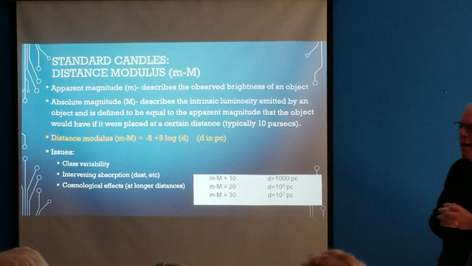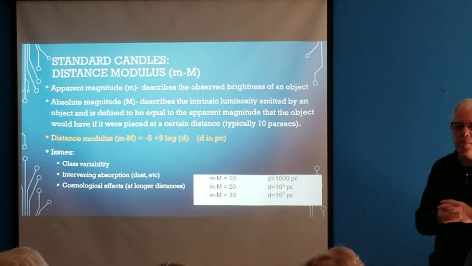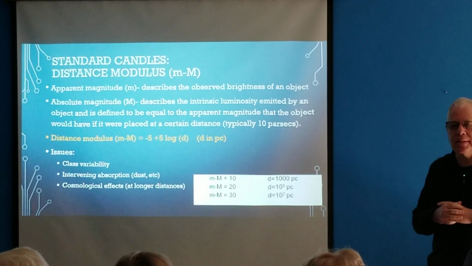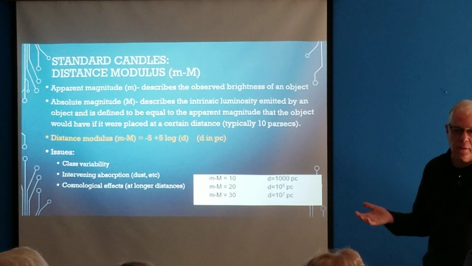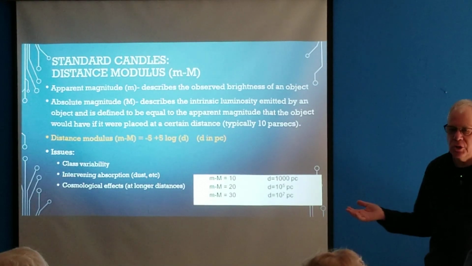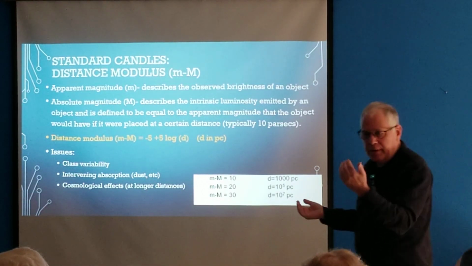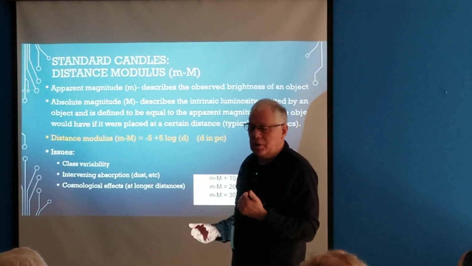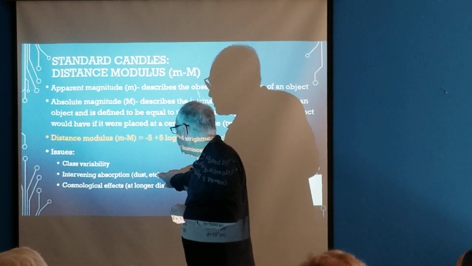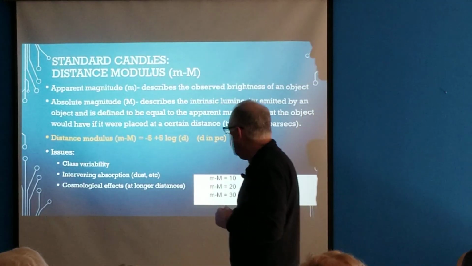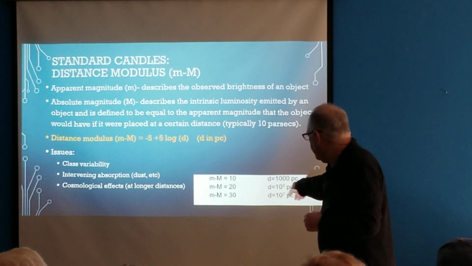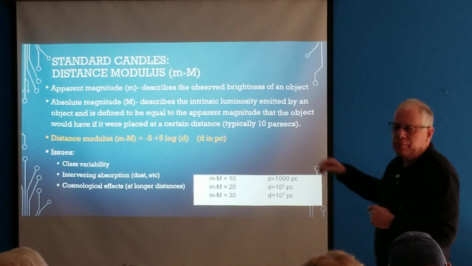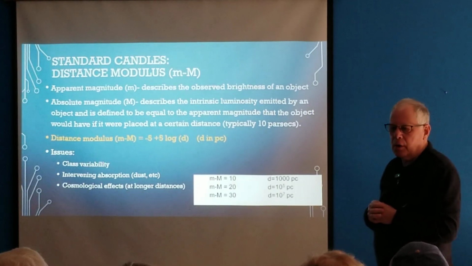So for example, if I went out and looked at a street light and measured its brightness, and went out the next night, a foggy night, and measured its brightness, it's going to be fainter, right? But the light bulb hasn't changed. It's the intervening obscuration. Well, we have the same thing we have to correct for. And at longer distances, I'll get to this shortly, we have cosmological effects. So, just a conversion scale, but basically a very simple formula. Next chart.